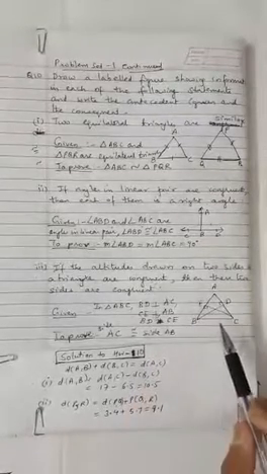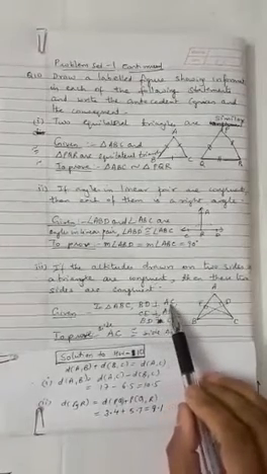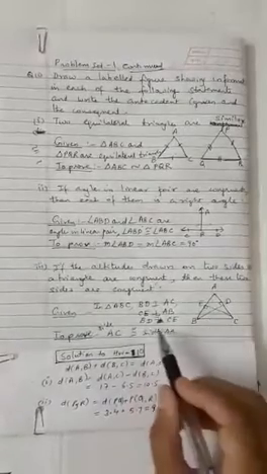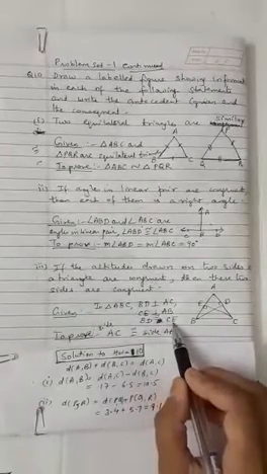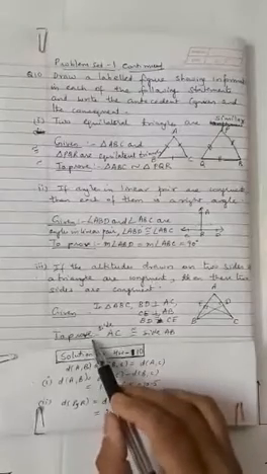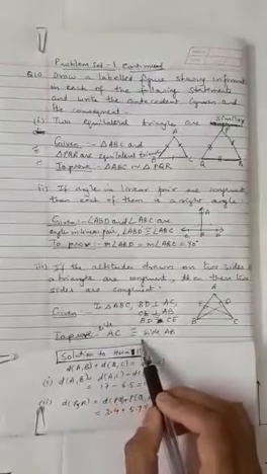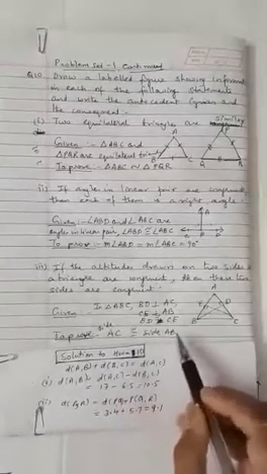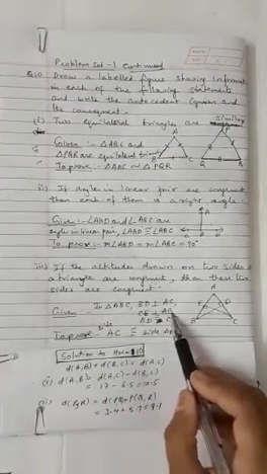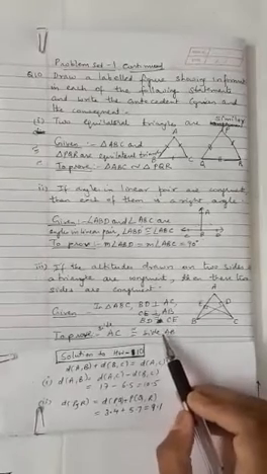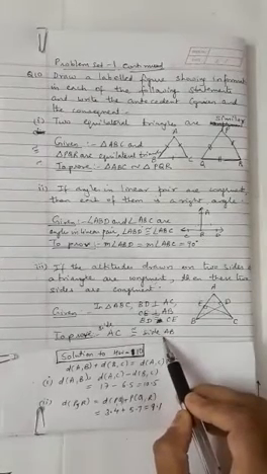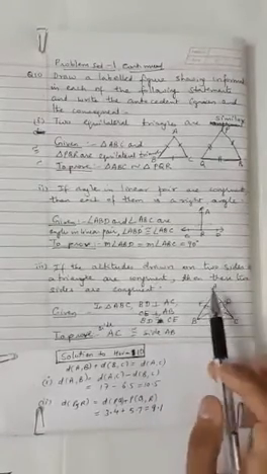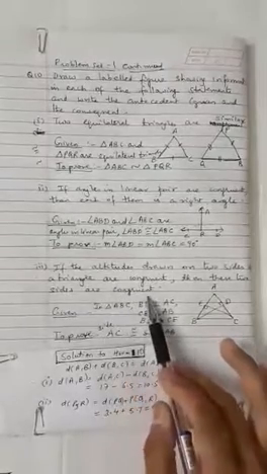I repeat, BD is perpendicular to AC, CE is perpendicular to AB, BD is congruent to CE. Therefore, we have to prove that side AC is congruent to side AB. So many conditions are given. Perpendiculars are drawn. If the altitudes are same, then the sides on which we have drawn the altitudes are same. That is what we have to prove.